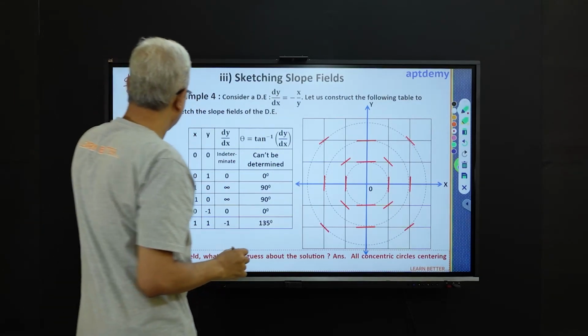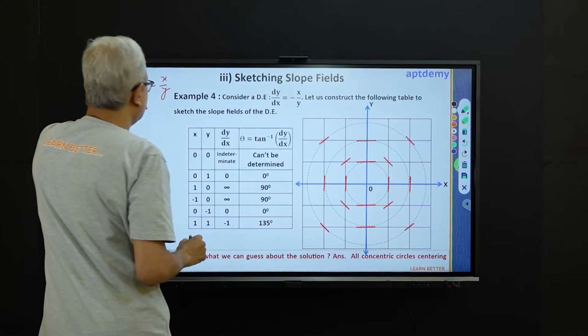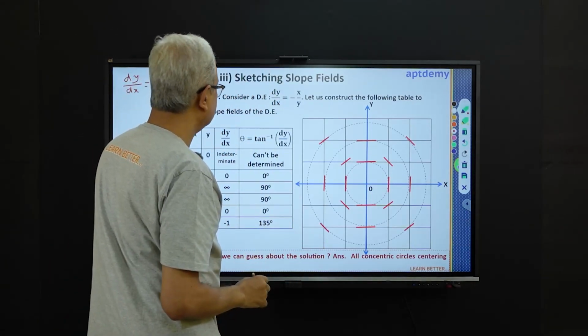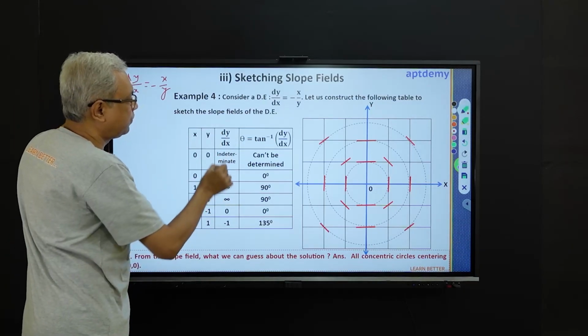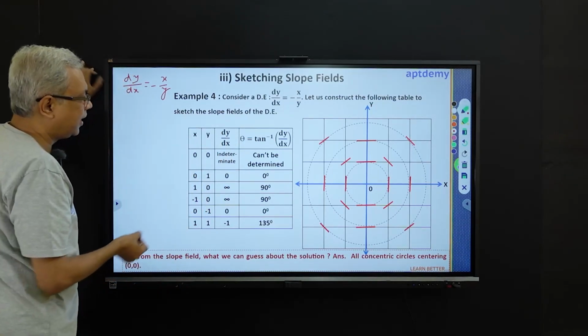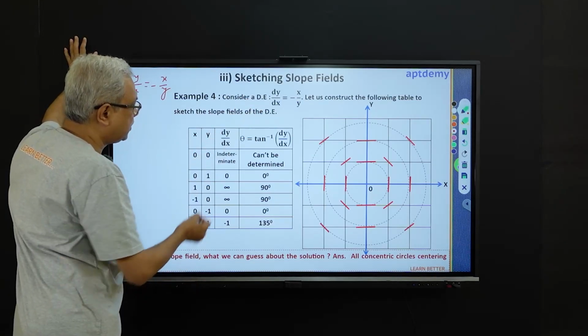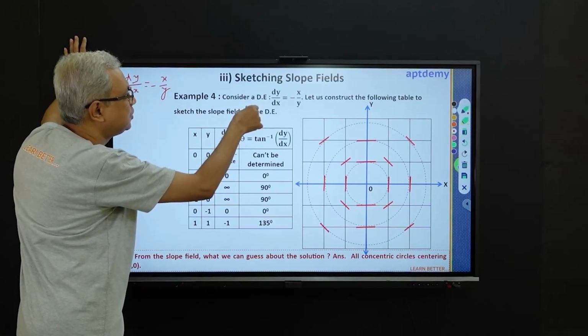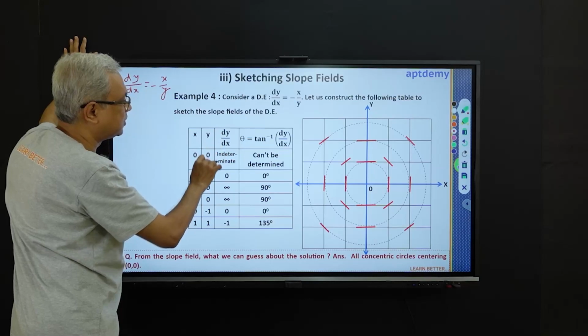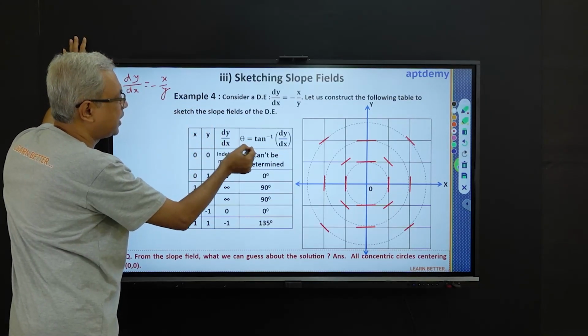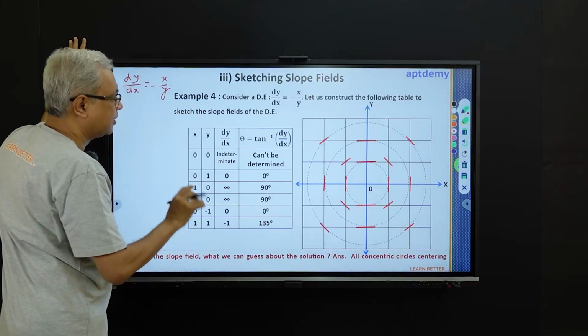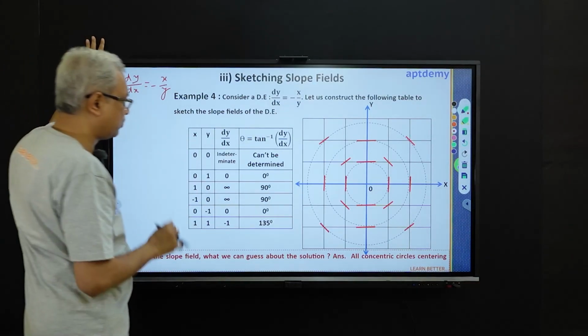Then what is the slope field of this differential equation? So if you take different points, say for example the 0, 0 point. Here at the 0, 0 point, if you want to calculate dy dx, it becomes 0 by 0, it is indeterminate. So at the 0, 0 point dy dx cannot be determined. Okay, so let us exclude the 0, 0 point.